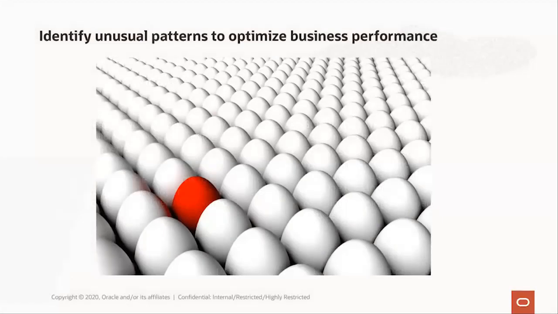With that, let's look at what are the 2 primary value deliveries of anomaly detection. The first value delivery that we are targeting with OCI Anomaly Detection is helping our customers identify unusual business patterns. It could be on their business performance metrics, sensor signals that they are collecting from their connected assets.